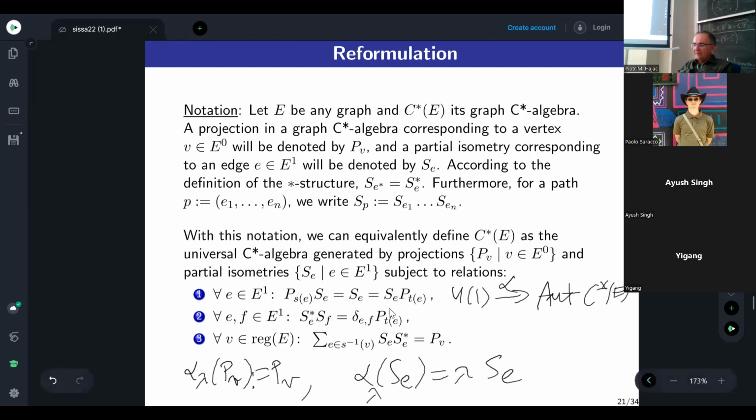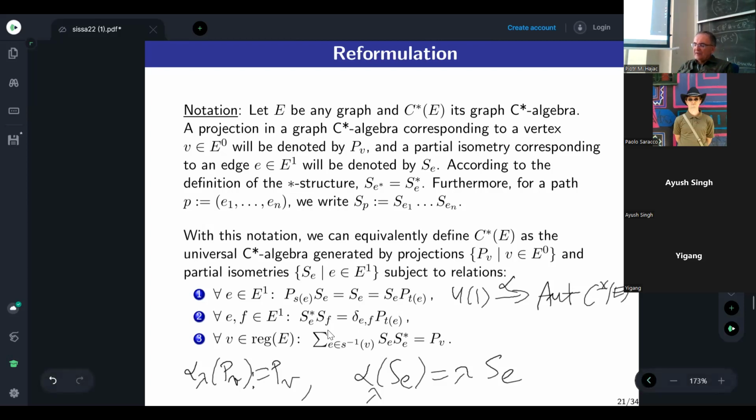So you look at property number 1. If you look at projections, well, projections are invariant, so that's obvious. Now here that I say partial isometries is kind of redundant, because that's actually put into my second relation, that they are partial isometries. I need not verify anything. Now, when you look at equation number 1, I just rescale by lambda on both sides, so the equation is preserved. And I look over there, the right-hand side is invariant.